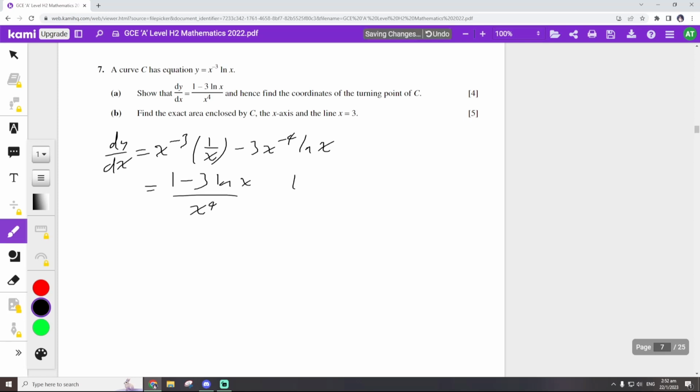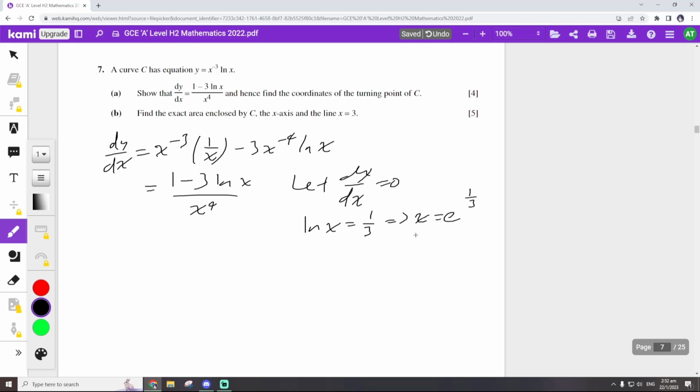Okay, let dy/dx equal 0 to find the turning point. So ln x is 1/3, which implies that x is e to the 1/3.